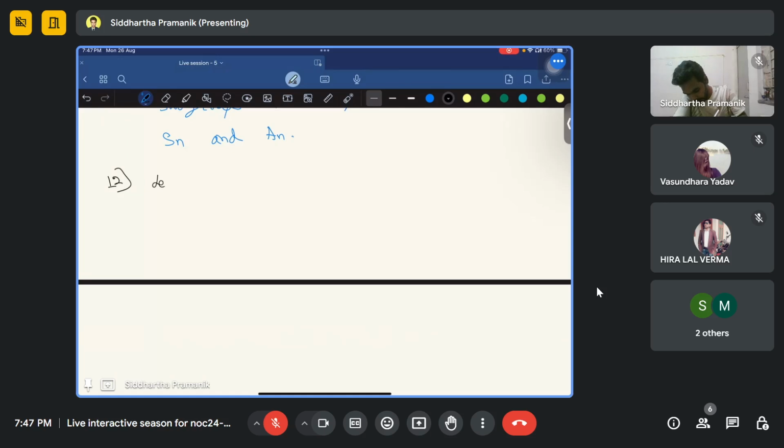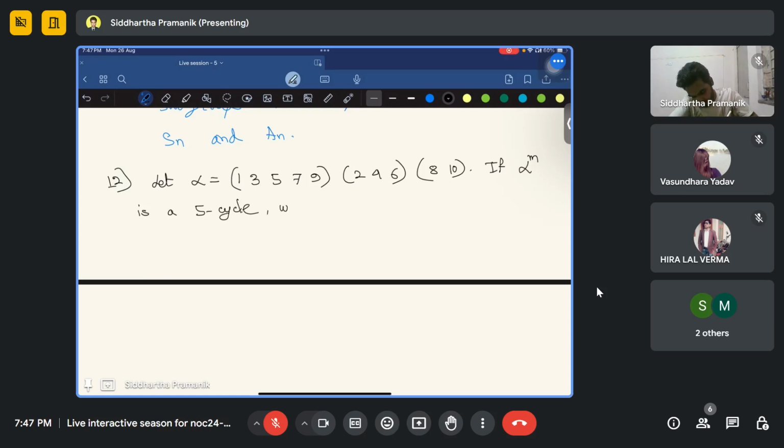So let alpha equal this permutation (1 3 5 7 9)(2 4 6)(8 10). If alpha to the power m is a 5 cycle, what can you say about m?